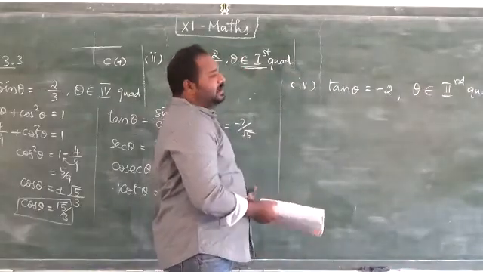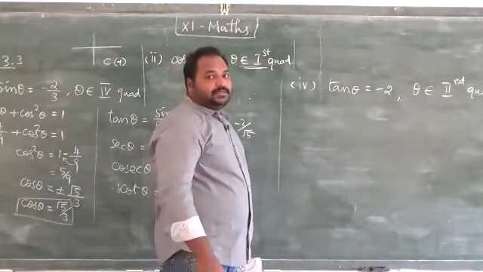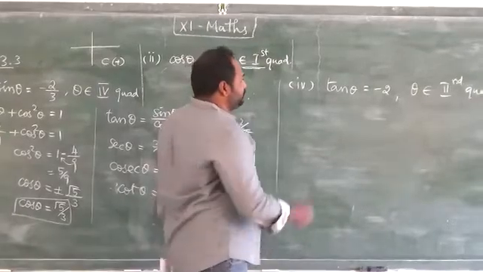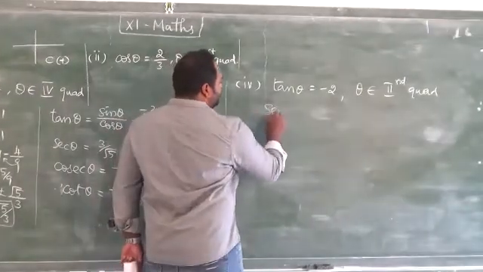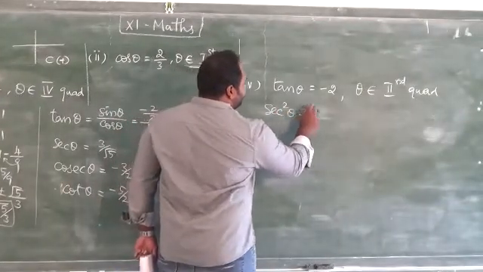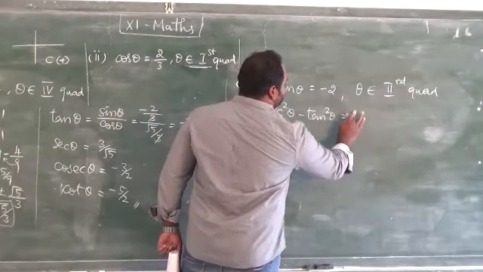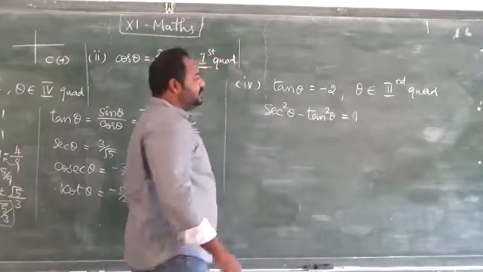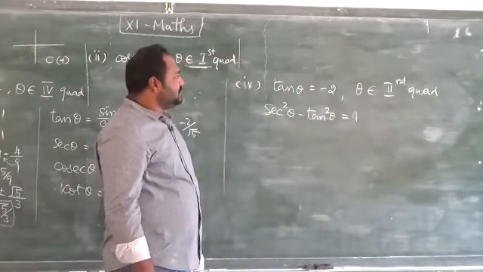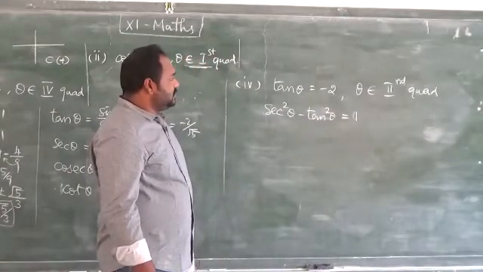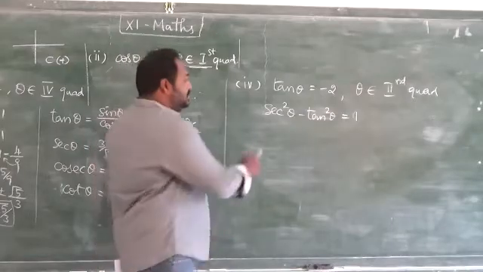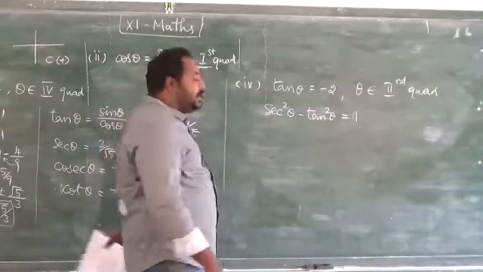So what identity can we use here? We have secant square theta minus tan square theta equal to 1. We have this formula, and we are going to use it to find the value of secant first.